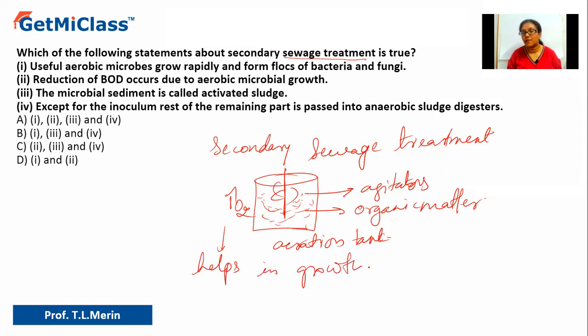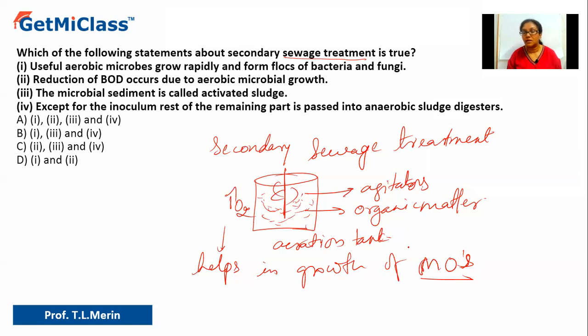And what type of microorganisms? That is aerobic microorganisms, because there is oxygen in it. It is an aeration tank, so air is there. So these microorganisms, like bacteria and fungi, are aerobic in nature.